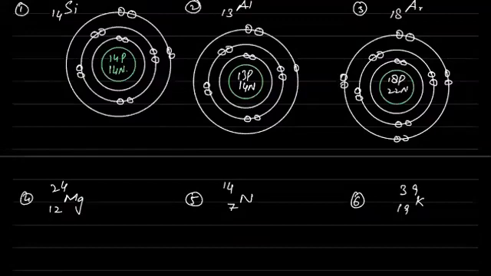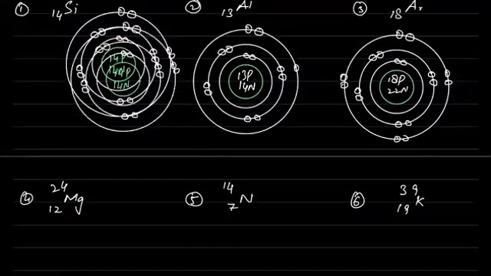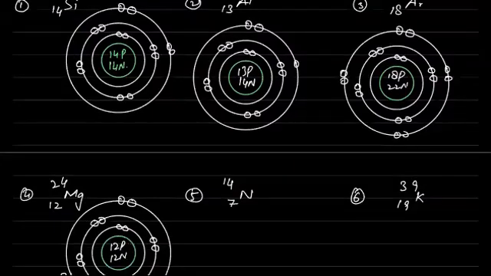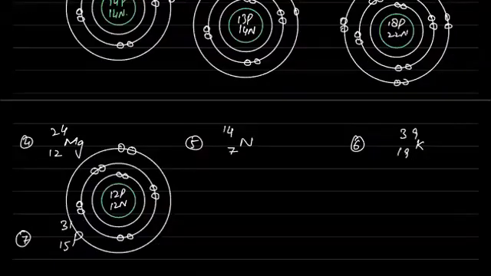And for magnesium, it's again the same, but instead of 14 protons, it has 12 protons and 12 neutrons. The outermost shell contains 2 electrons, so this is 2, 8, and 2.